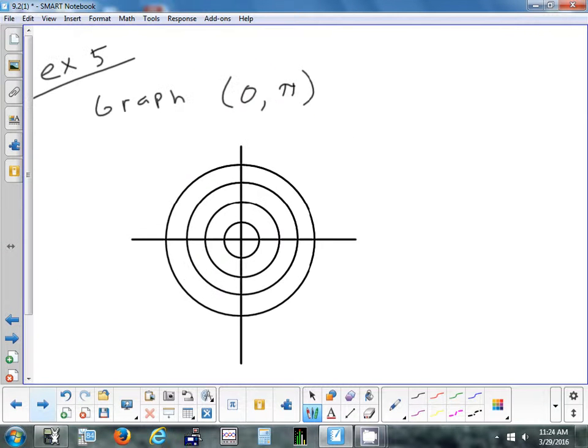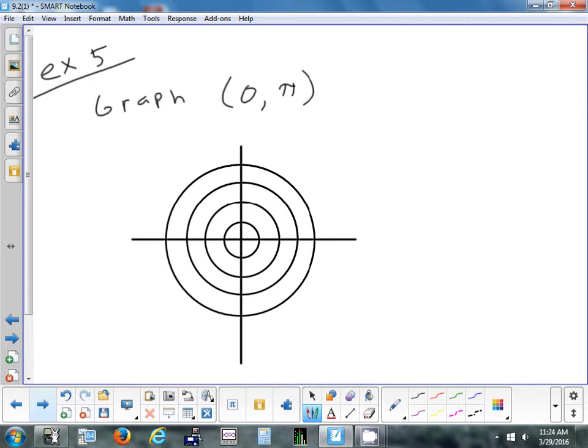All right. How about 0, pi? Stays at the origin. What about the angle? That is a 180-degree angle, but it would stay at the origin because you haven't moved out any.